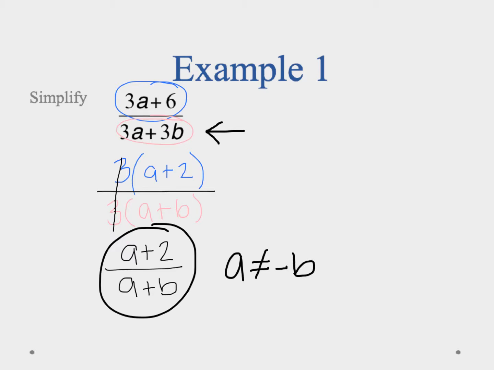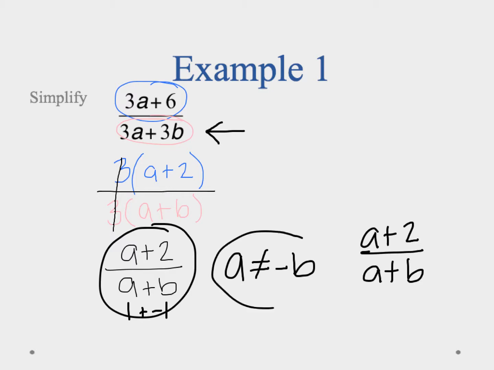So if I have a as 1 and b as -1, if I plug them in, a plus b is 1 plus -1, that would make a 0, and you can't divide by a 0. So your final answer would be a plus 2 divided by a plus b when a does not equal -b.